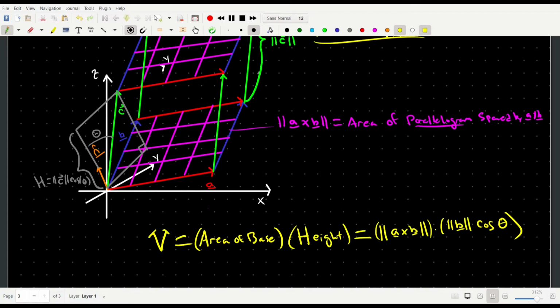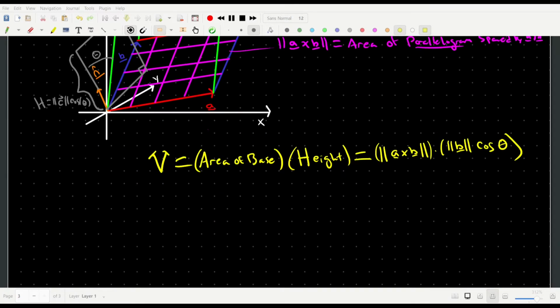And I just realized that I have to be a little bit more careful here. Sorry, the height here has to be the length of C times the absolute value of cosine theta, because cosine theta could potentially be negative depending on how the vectors A, B, and C are related.